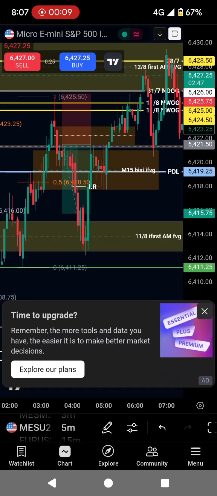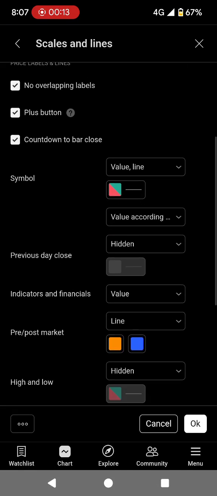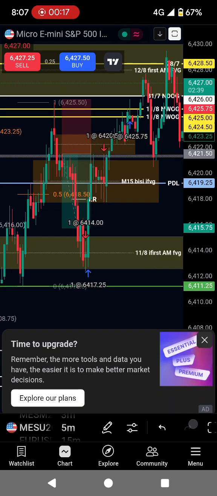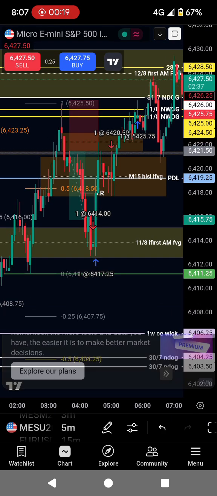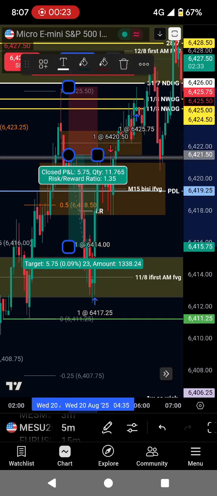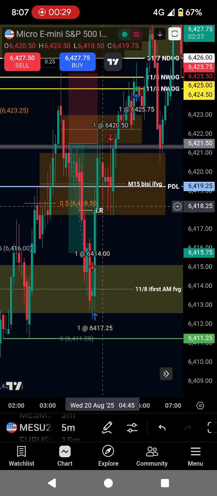Okay guys, what you can see here is again a lesson to learn, something that I always fail to follow. If you can see, we entered in this 5-minute CB. This 5-minute CB was where I entered, right? But nevertheless, I still got stopped out on this trade.